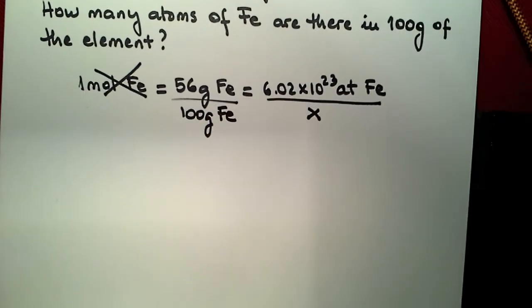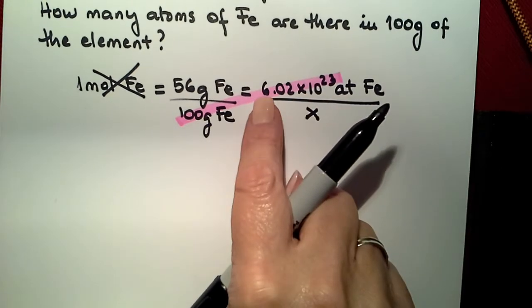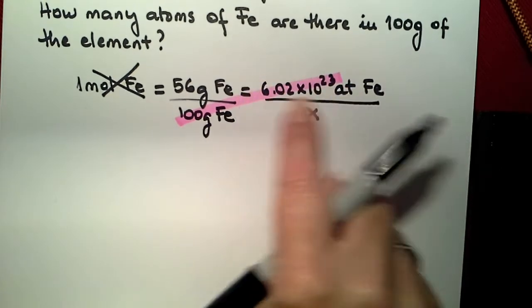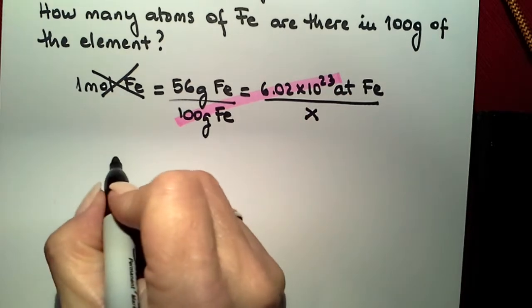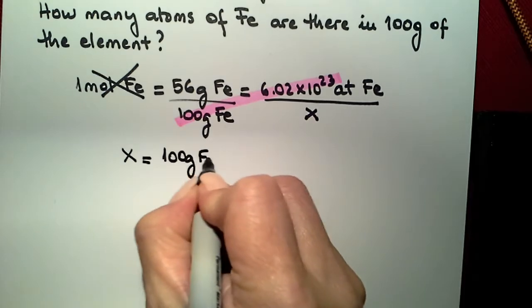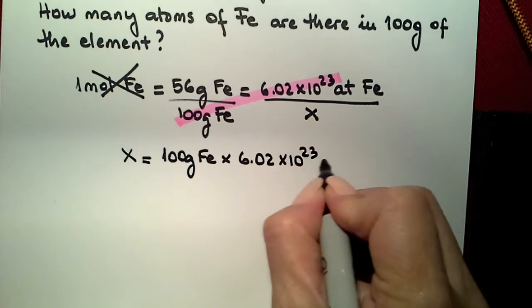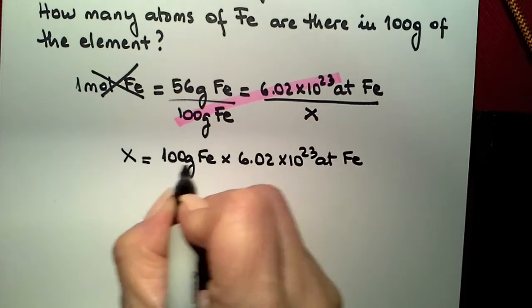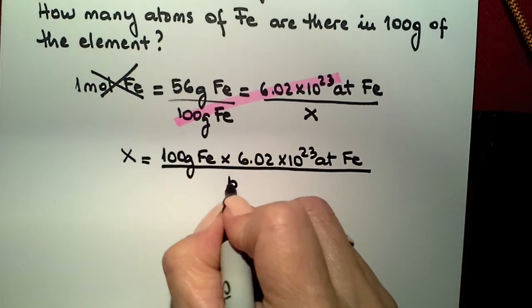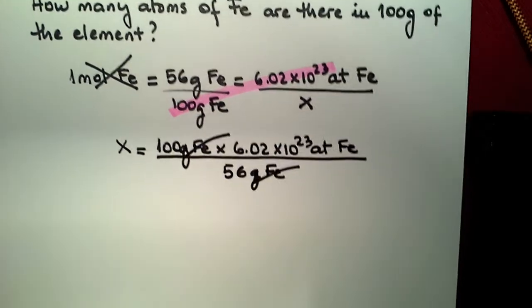So in this case my X is going to be as simple as multiplying by Avogadro's number, which is this number. I don't know if I named that before, but this is also called Avogadro's number. So X will be 100 grams of iron times 6.02 times 10 to the 23rd atoms of iron over 56 grams of iron, which can be cancelled with these grams of iron.